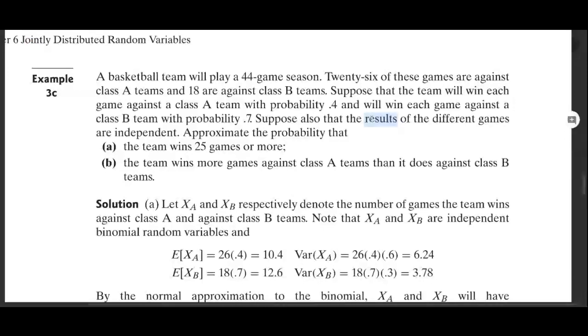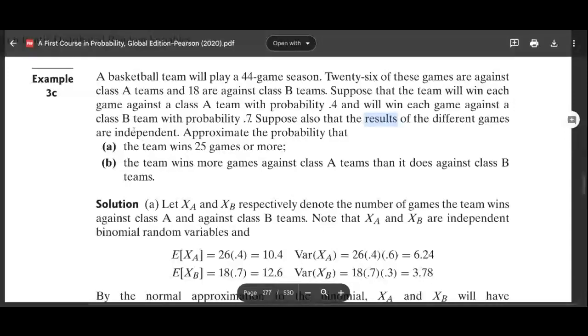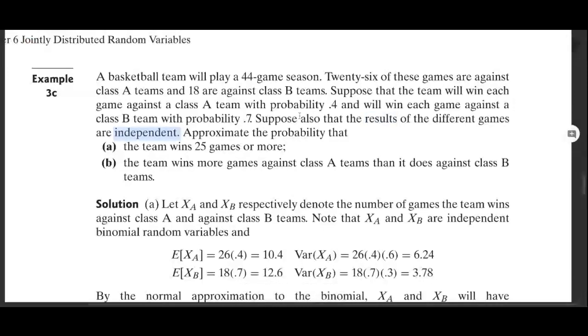Approximate the probability that A, the team wins 25 games or more, and B, the team wins more games against Class A teams than it does against Class B teams.